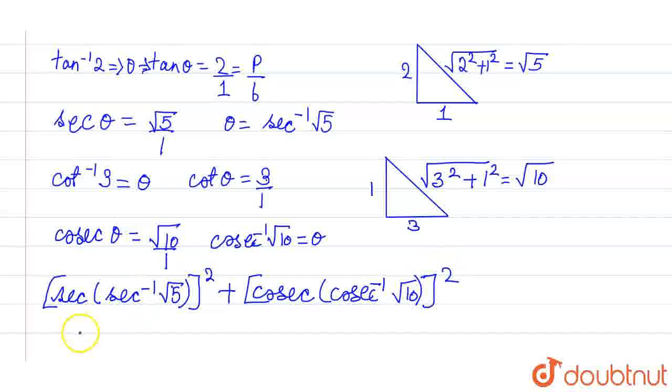Sec into sec inverse will be 1, so it will be root 5 square plus, similarly cosec into cosec inverse will be 1 and it will be root 10 square. So the value will be 10 plus 5, or 15.